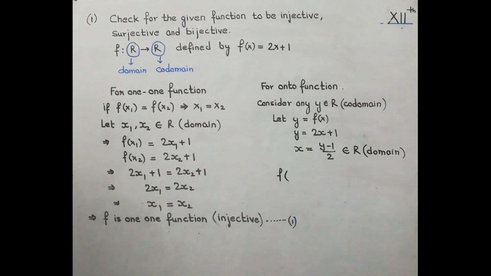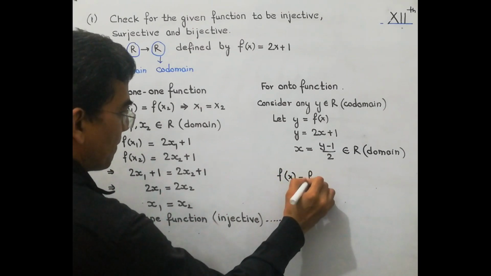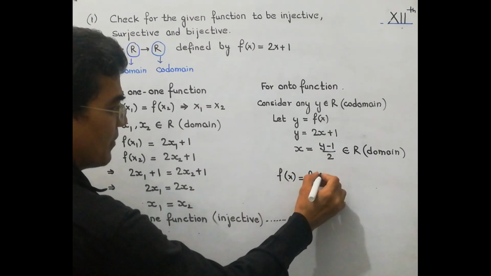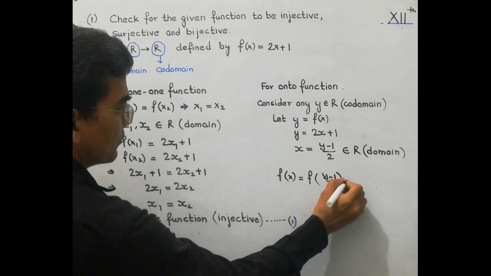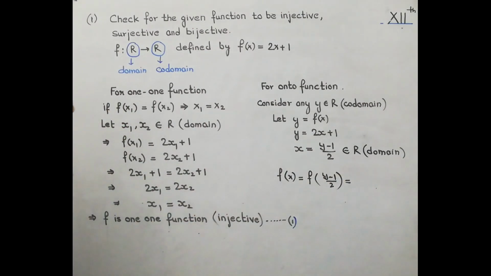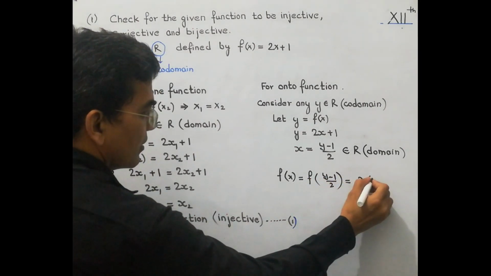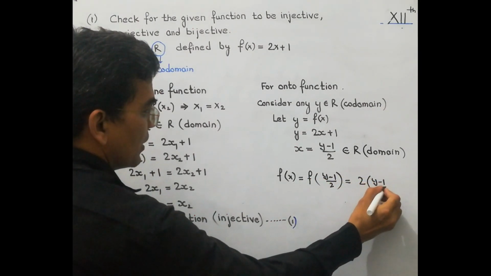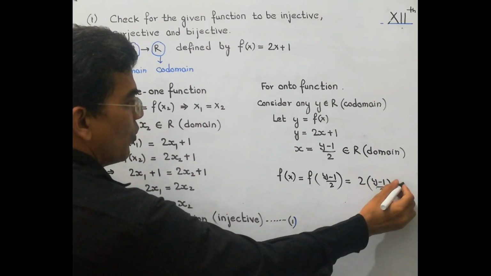Now in place of x, what can we substitute? It's f(x). In place of x, I am going to substitute (y minus 1) upon 2. Okay. Now this was the function 2x plus 1. So 2, and in place of x, it will be (y minus 1) upon 2. See, 2x, and then we have plus 1.